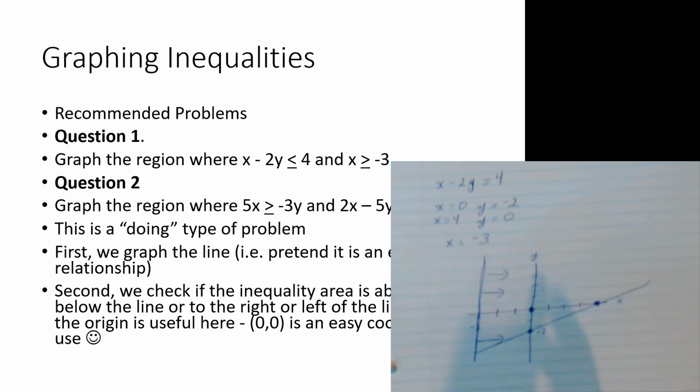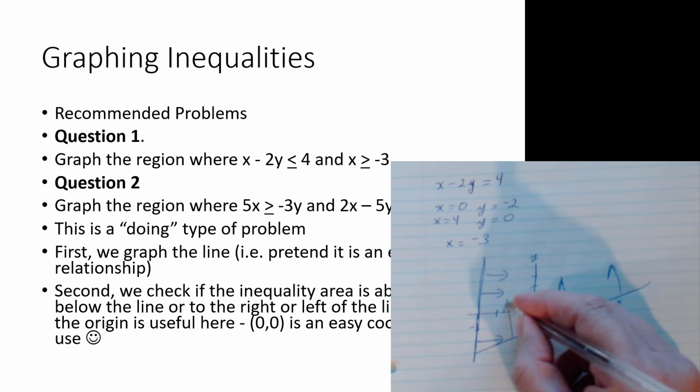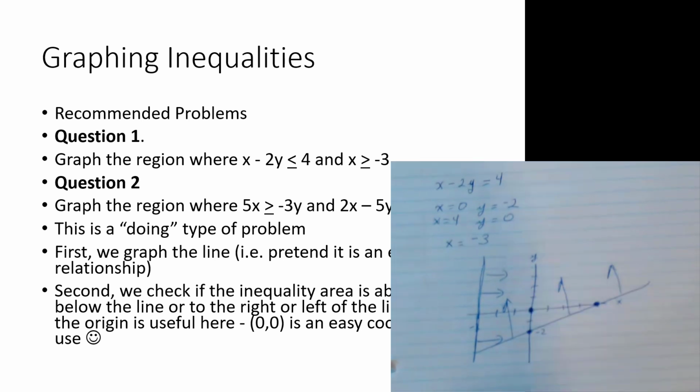Is that less than or equal to 4? Well, yeah, it is. So the inequality suggests that it is the area above that line. And that's it. So follow the little two-step process, and everything works out quite nicely.